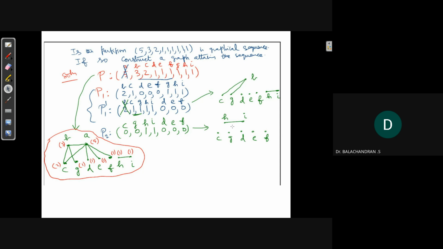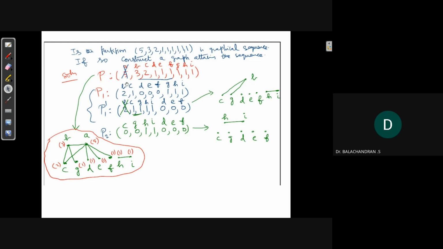Now from this, I am going to add one more vertex, B. I should join B to C and G. I'll keep this graph here: H and I joined, and the remaining C to F are isolated.